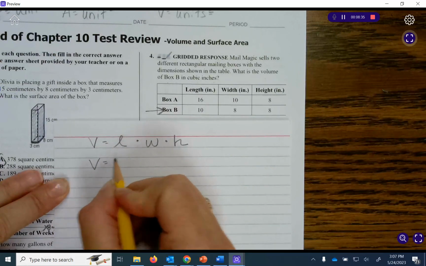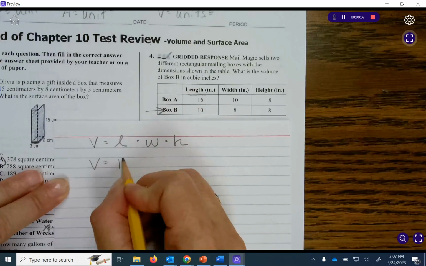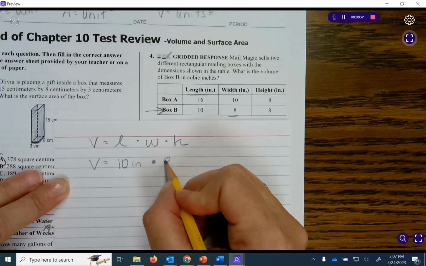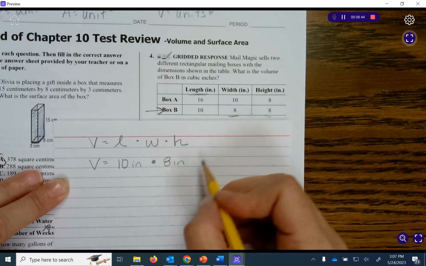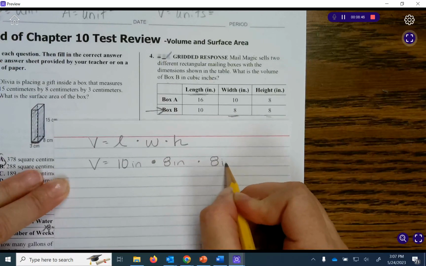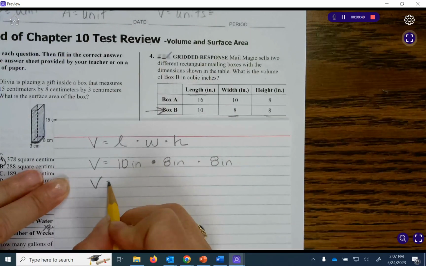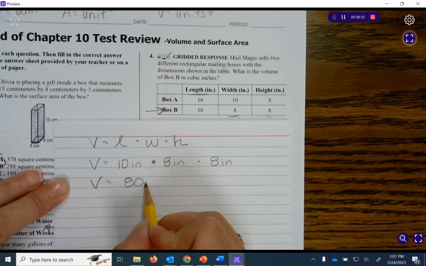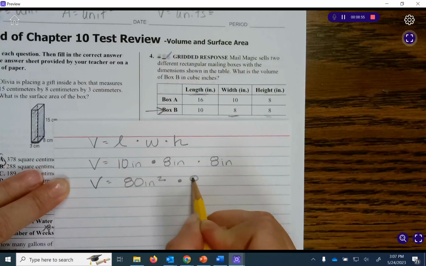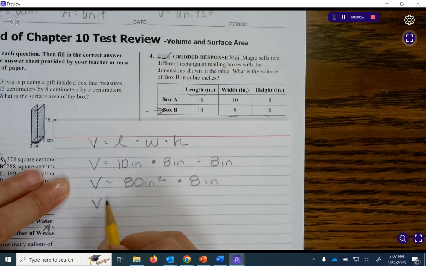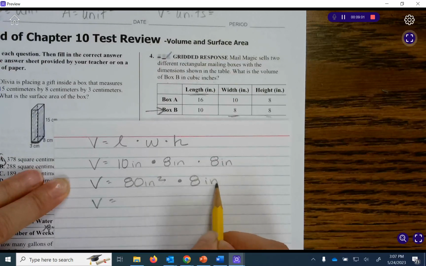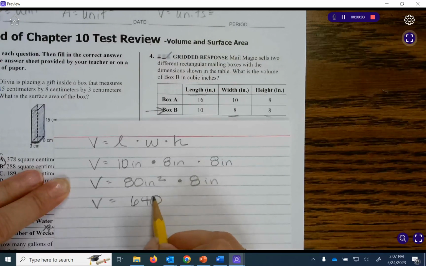So volume is going to equal length, 10 inches, times width, 8 inches, times height, 8 inches. 10 inches times 8 inches is 80 inches squared. 80 inches squared times 8 inches would be 640 inches cubed.